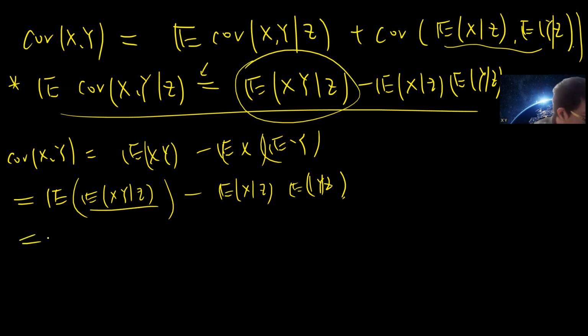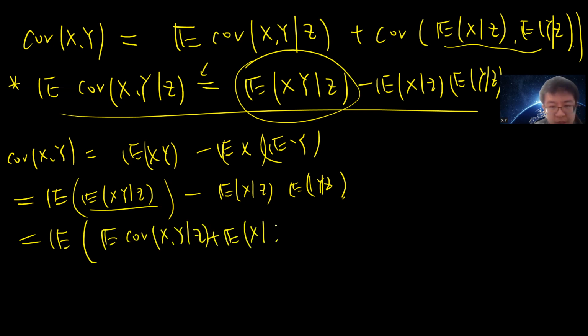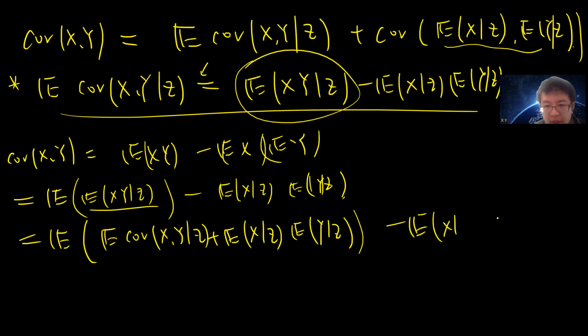So I get the expectation of the covariance of X, Y given Z, plus the expectation of X given Z times the expectation of Y given Z, minus the expectation of X given Z times the expectation of Y given Z.